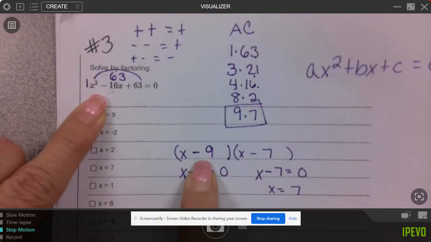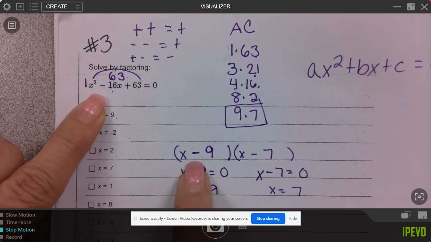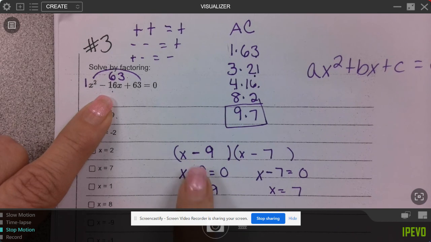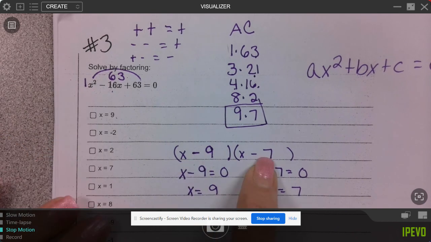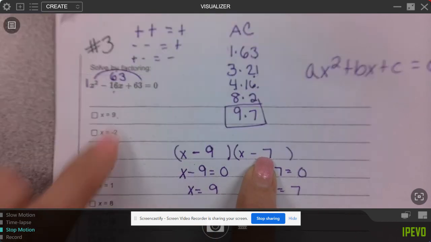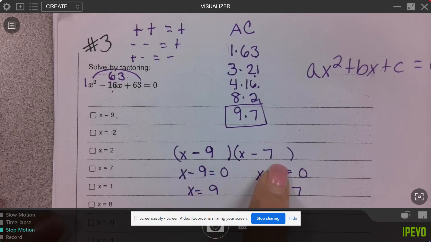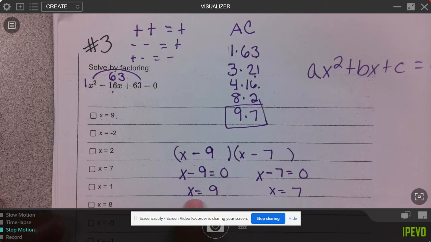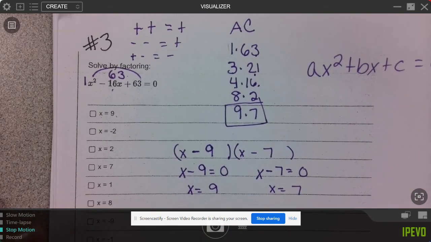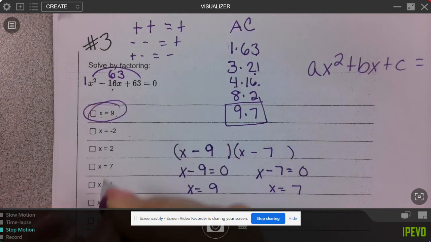You want to keep the sign of the bigger number. We use this one. So we had negative 9 times negative 7 gives me positive 63. Same sign, add and keep. And we have x is 9 and x is 7 for our 2 answers.